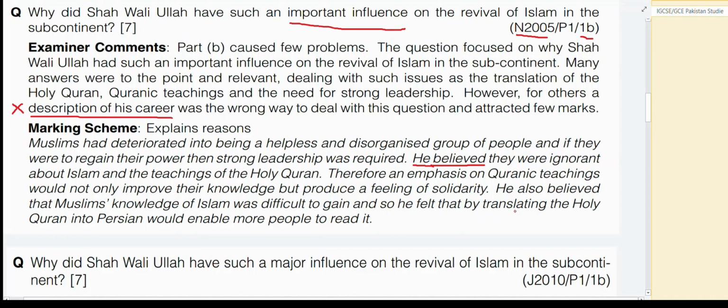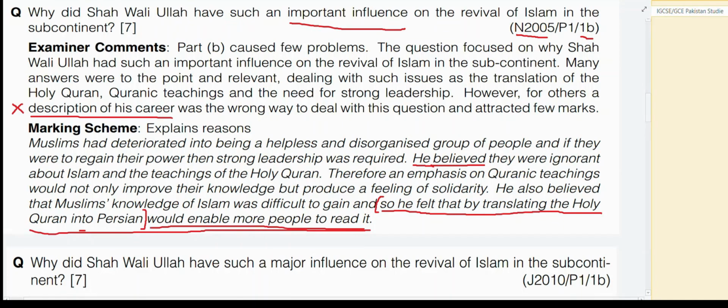So he felt that by translating the Holy Quran into Persian would enable more people to read it. What is this? Work. Remember. So he felt that by translating the Holy Quran into Persian, this is the work up till here, and the importance of this work is this, would enable more people to read it.